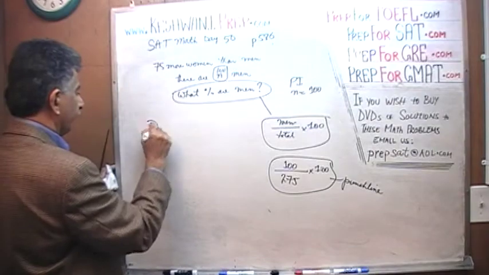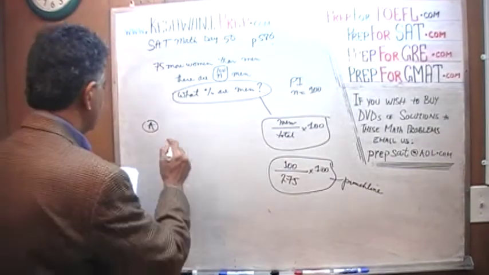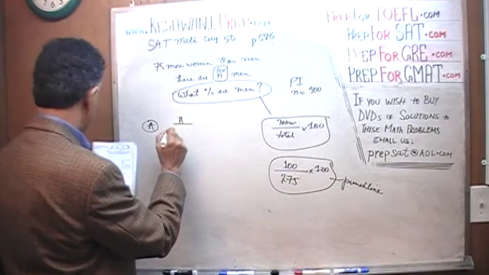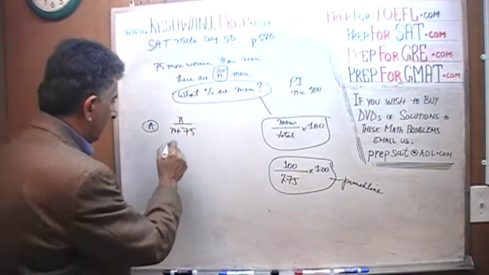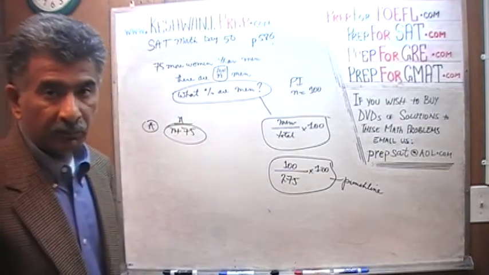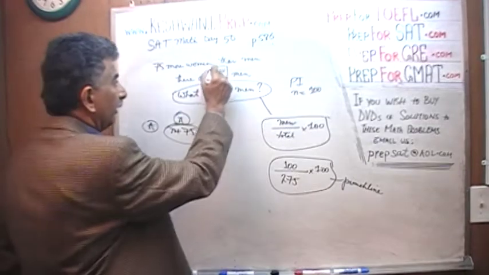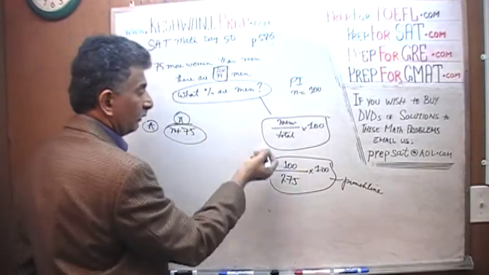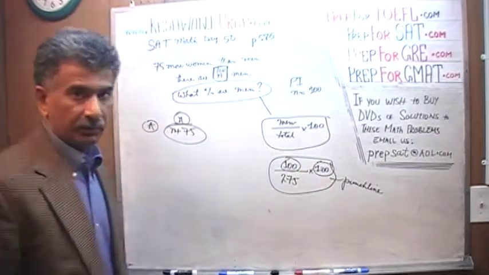Answer choice A. Answer choice A says n over n plus 75. I'm not even going to bother with the bottom part because it's irrelevant. On the top, we only have n. n equals 100. That's not going to do the job. We need 100 times 100 on the top.